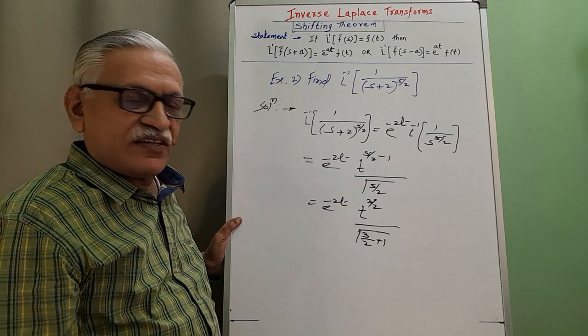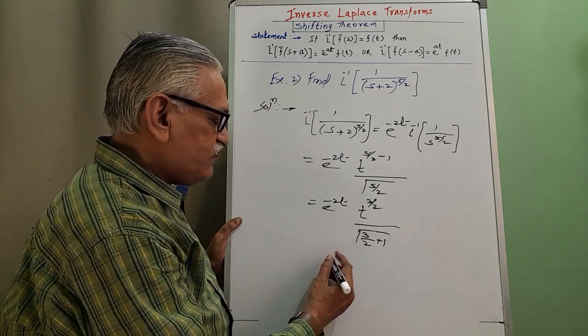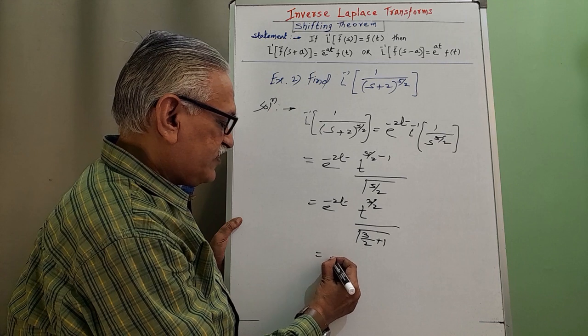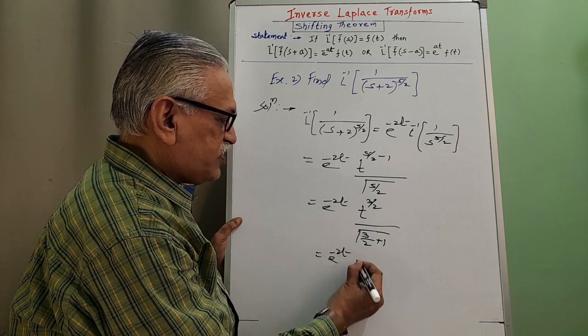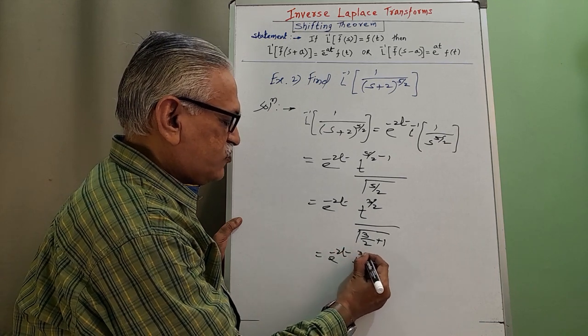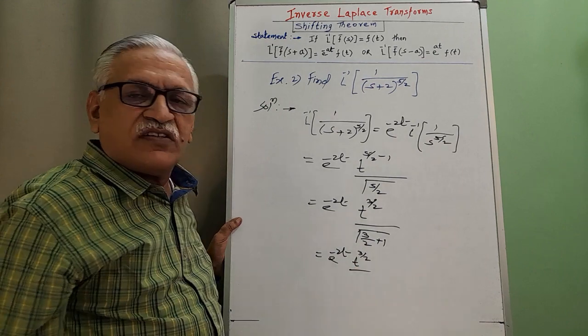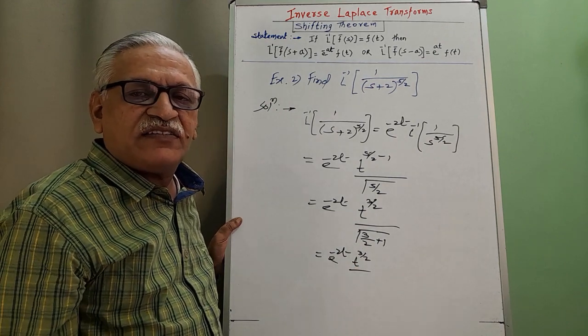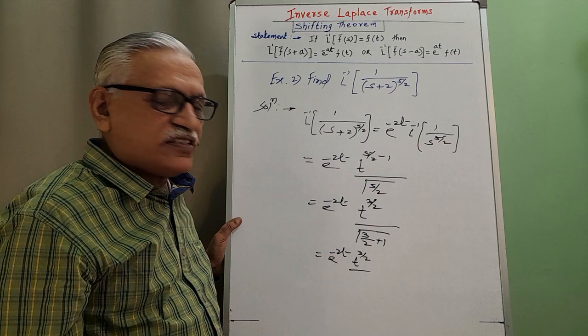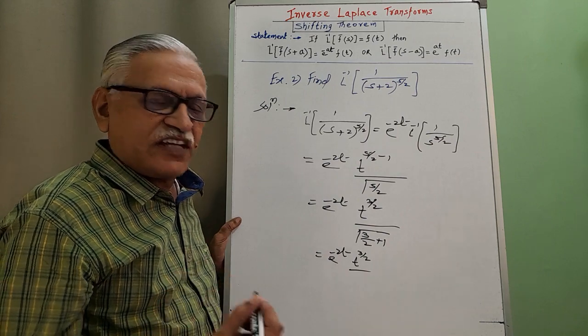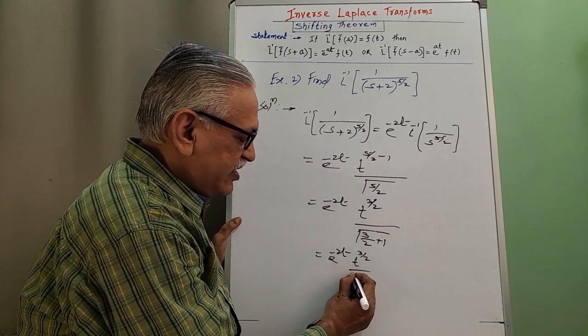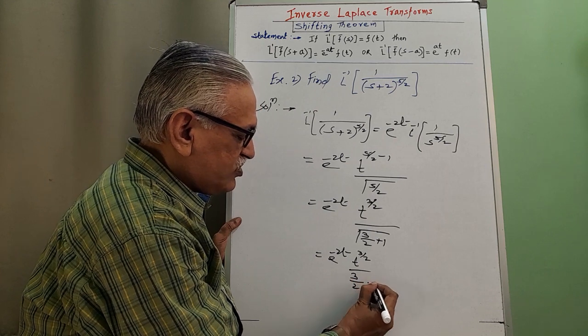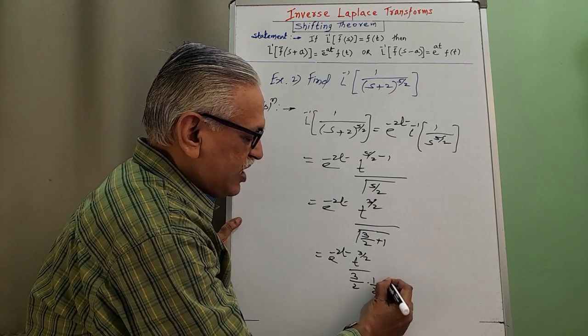And then find the value, therefore e raised to minus 2t, t raised to 3 by 2, gamma n plus 1 is n gamma n, right, or use it continuously till we get the value of gamma 1 by 2. Therefore this I can rewrite as 3 by 2 into 1 by 2 into gamma 1 by 2.